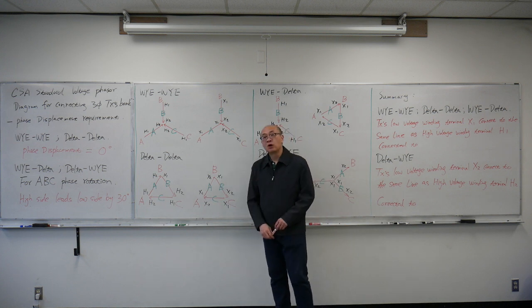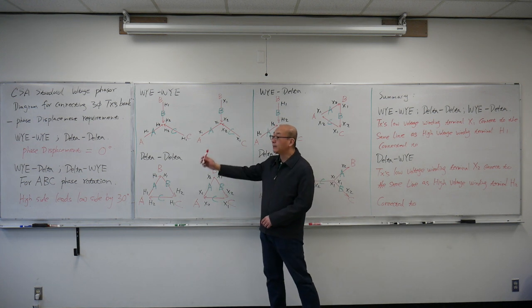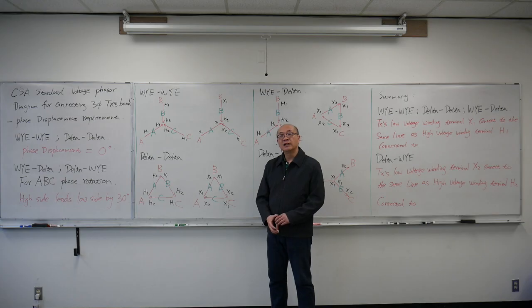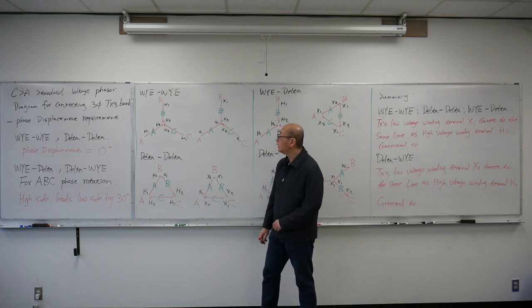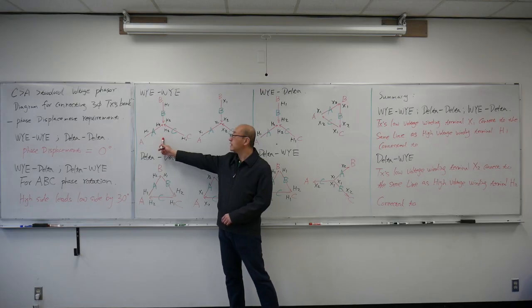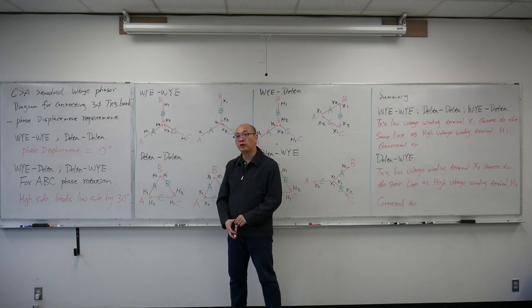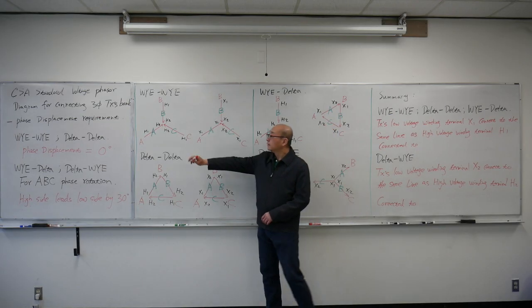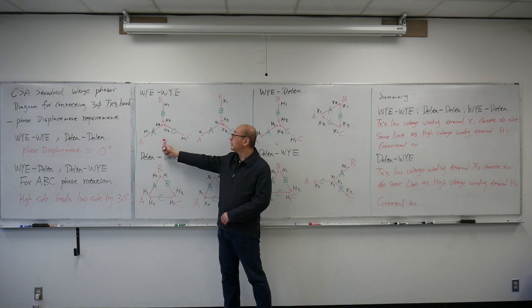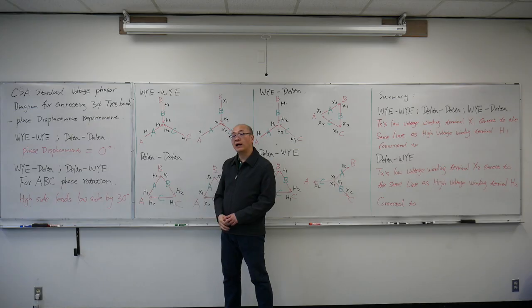These two phasor diagrams indicate the induced voltage. It's not the applied voltage. So here is the induced voltage on the secondary side, the low voltage side, and here is the induced voltage on the high voltage side. If this is the primary side, the induced voltage will be 180 degrees different from the applied voltage.